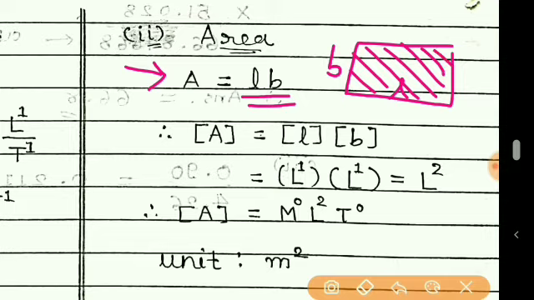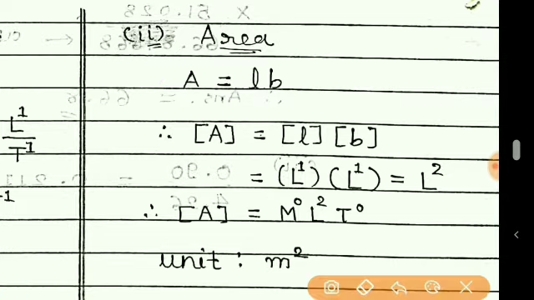So a simple formula for area is L into B. Now I want the dimensions of A. Then what is here first? L. So dimension of L into what is here next? B. So dimension of B.